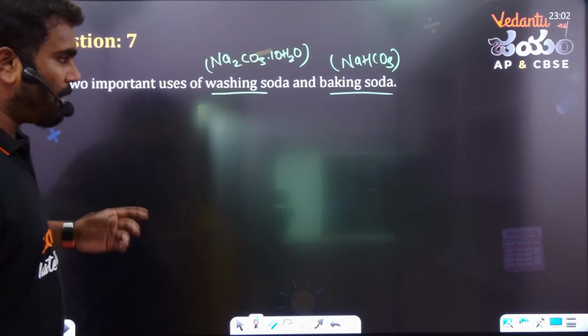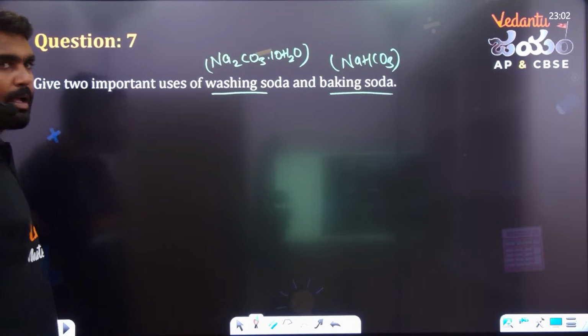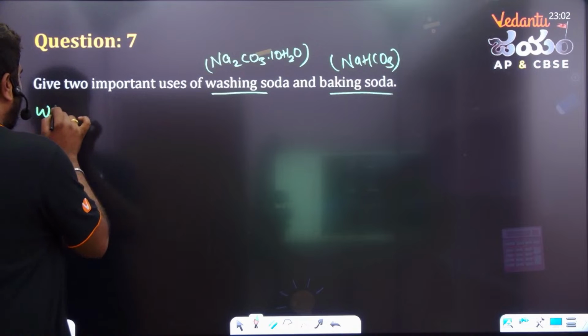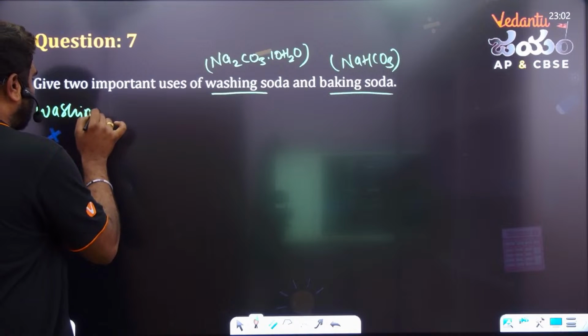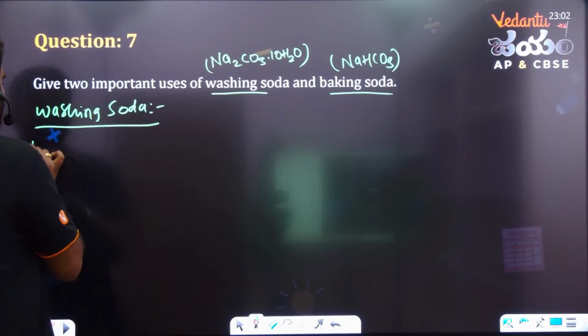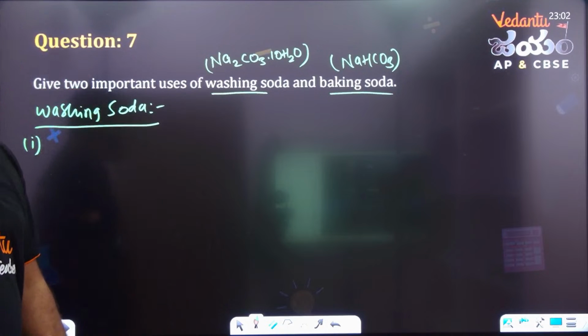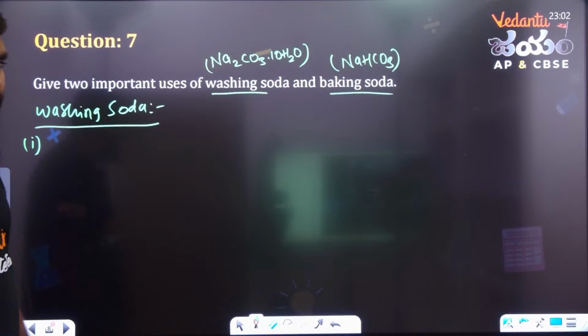Okay, so where do we use this washing soda? First thing we'll be writing about washing soda. What is the first use of washing soda? It is used in glass, soap and paper industry.